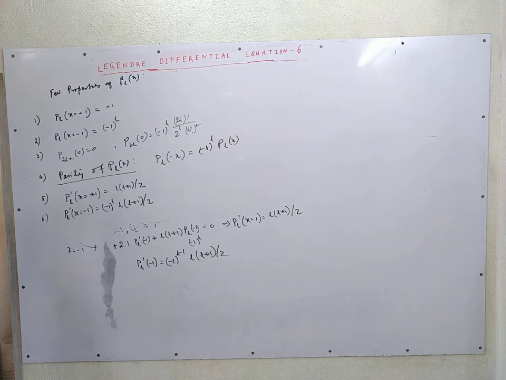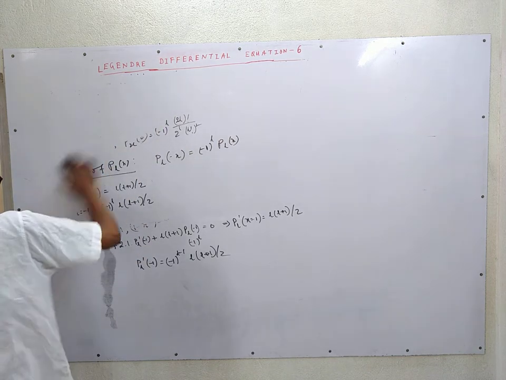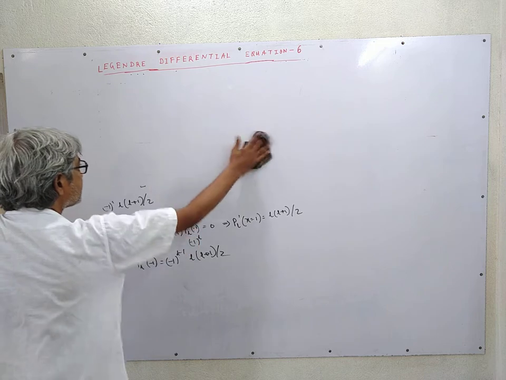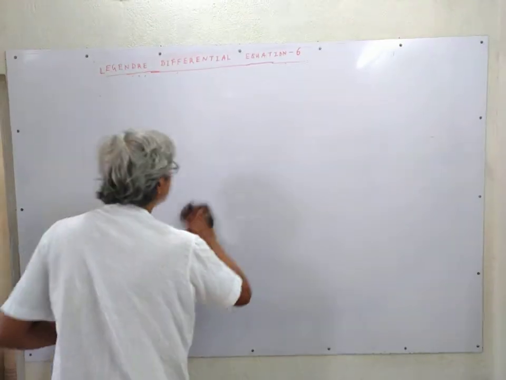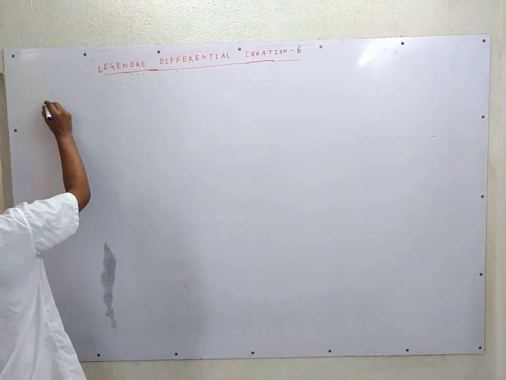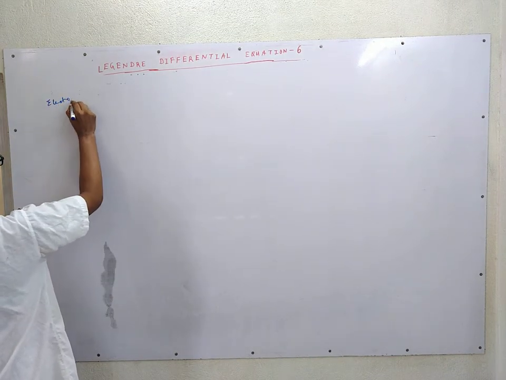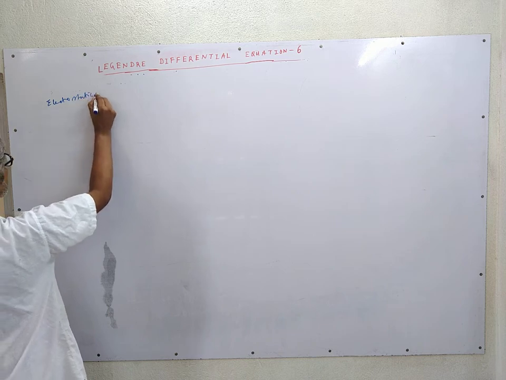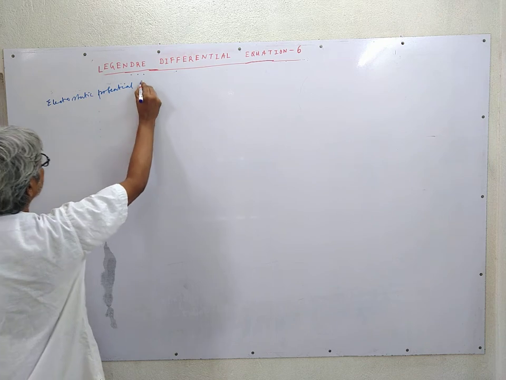Now we go to the multipole expansion of electrostatic or magnetostatic potential, vector potential. In the electrostatic case, consider the potential due to a point charge.